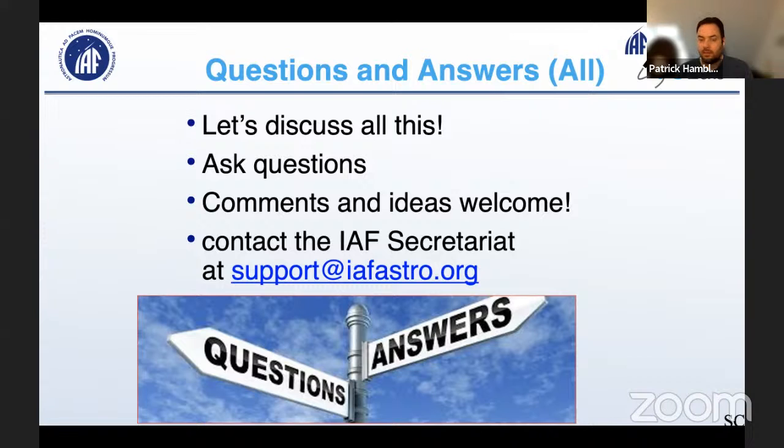But let me maybe summarize one or two points here before. Scott and Carol already summarized the process on how to get an abstract submitted. The key here is that you understand there is no algorithm behind all of this, and no ranking that will automatically take place.